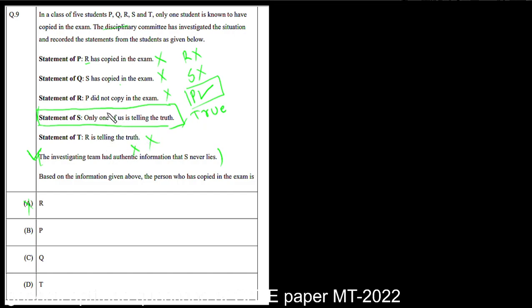So whatever the statement of R is must be false, and the statement of R is P did not copy in the exam. So we know this statement is false, then the student P has copied in the exam. So option B is the correct student that has copied in this exam.